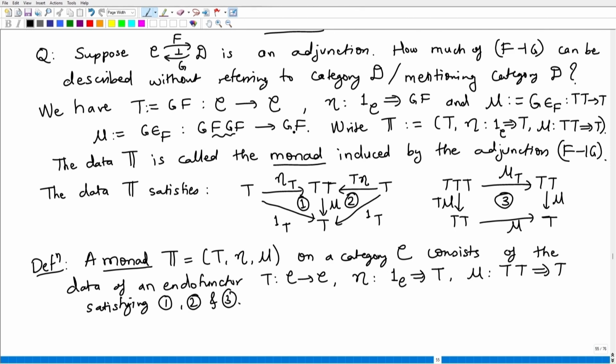So, just like we do with anything in category theory, we abstract out the properties of something commonly known, and then we play around with that. Yeah, so this is the abstract data at this point, and we are looking at the motivating example. Of course, it came from one particular adjunction.